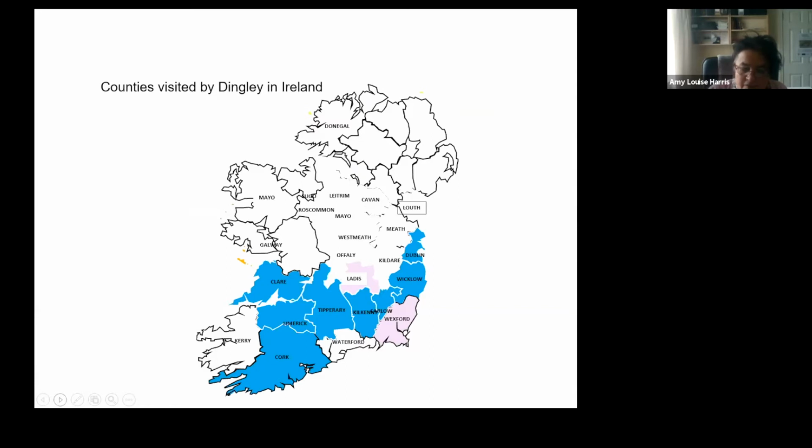Just to give you an idea of the extensive O'Brien Thomond lands, they owned land in Dublin, Carlow, a little bit of Tipperary, Limerick, and Clare. And that's a huge amount of land that they owned. And this is the lands that Thomas Dingley came over to visit and to survey.